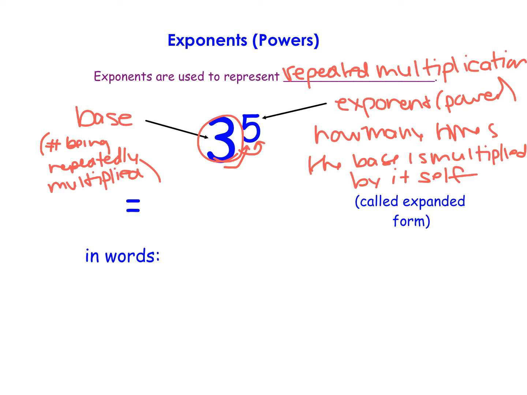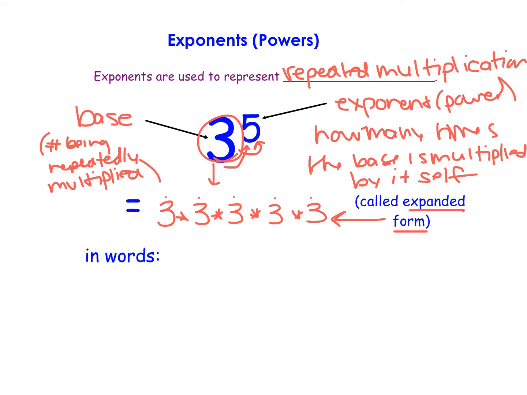5 different times. So this is called exponent form, and when we actually write out the repeated multiplication, this is called expanded form. So what this really means is we're taking 3 and we're going to multiply it by itself 5 times. So this means 3 times 3 times 3 times 3 times 3. So we can write it in exponent form, or we can write it into expanded form by using what the definition of an exponent actually means.